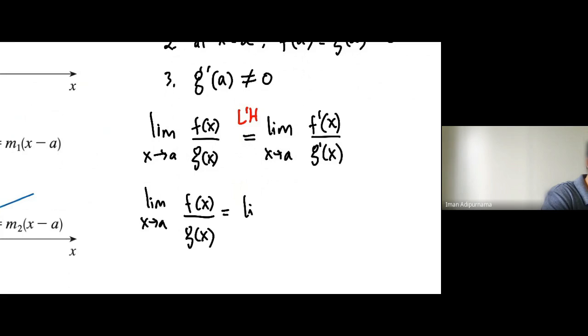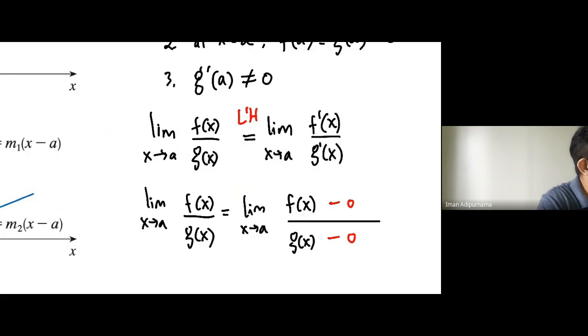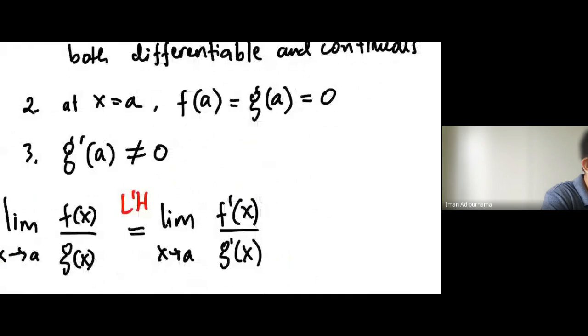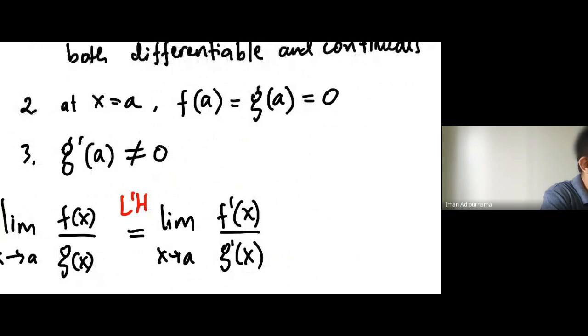To start with, let me subtract from these two with zero. It's just zero, right? But by our definition of f of a and g of a, this will be zero as well.